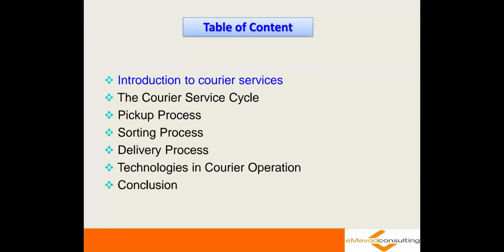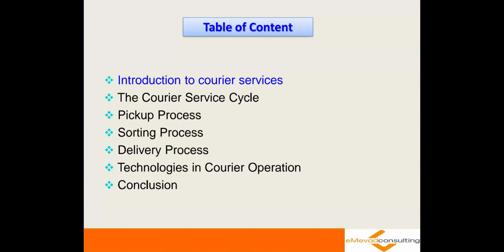Okay, so let's proceed with today's lecture. We are looking at courier services: pickup, sorting, and delivery processes. The 3 major processes involved in courier services. That's what we want to talk about. And I'm going to go through the introduction to courier services, which I believe everyone should know by now, because at every lecture I always mention introduction to courier service.